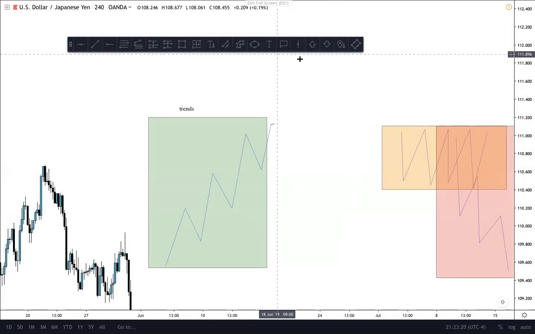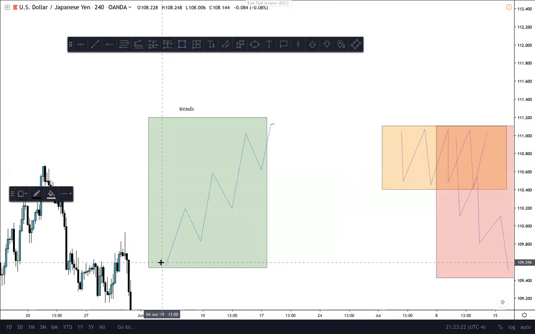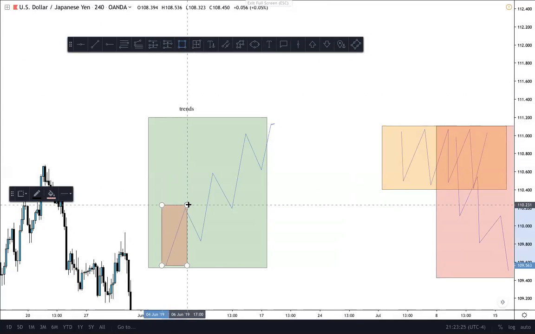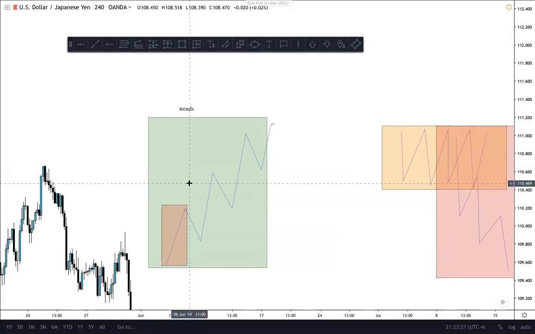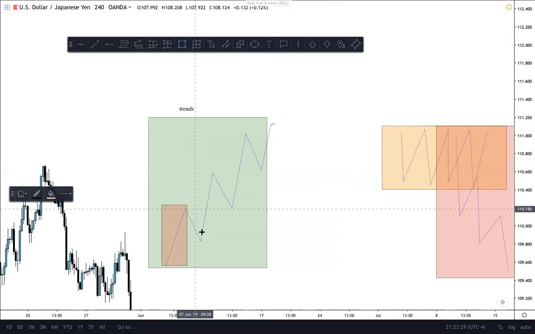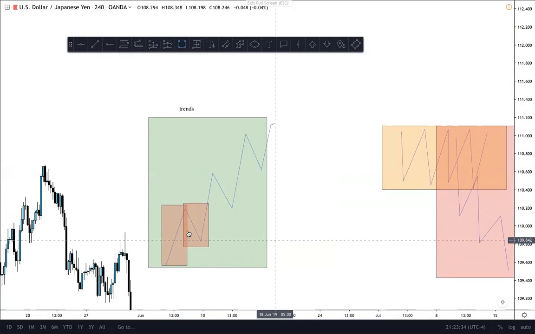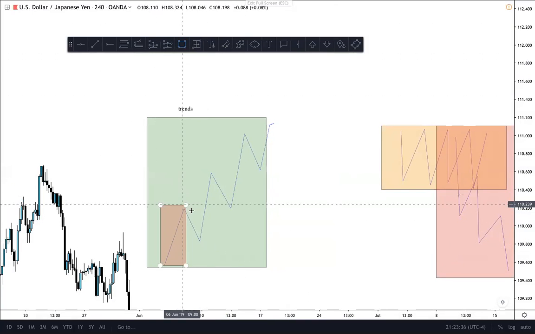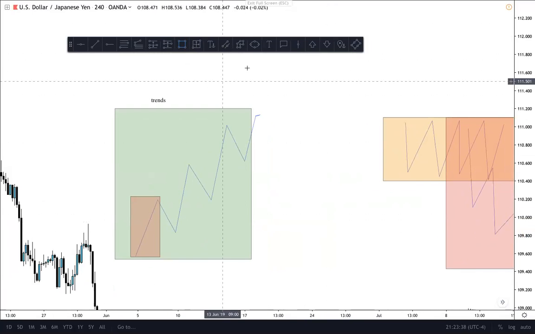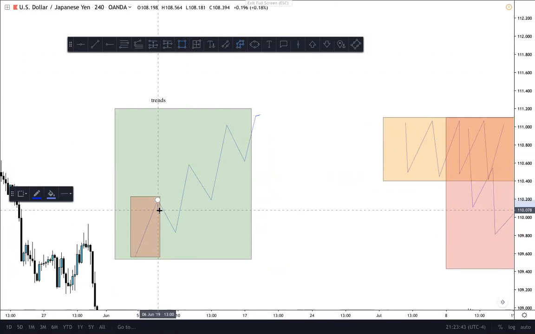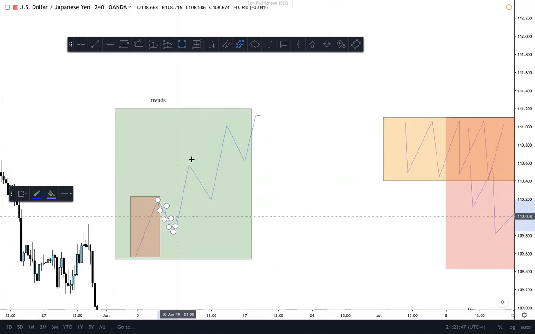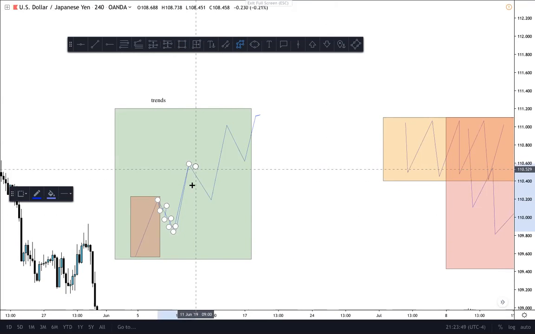You have the impulse, which is the first push. And then you have the pullback. The impulse is usually strong, and then the pullback is like a slow, draggy movement. And then when it's ready to push again, it pushes strong, and then the pullback is a slow, draggy movement, right?